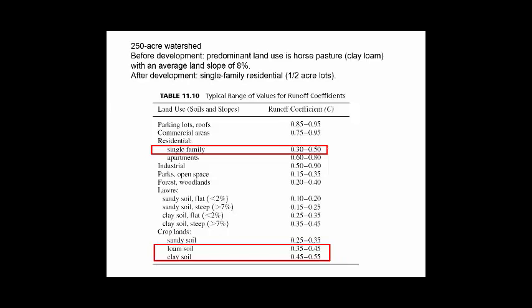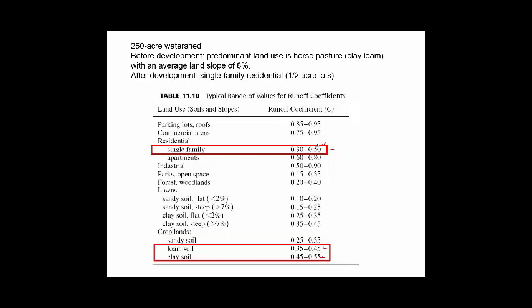So here the range is 0.3 to 0.5, and here is 0.35 to 0.45 and 0.45 to 0.55. So would you use a 0.55 for pre and a 0.5 for post? No, because you need to make sure that the pre and post reflects the reality of the situation.